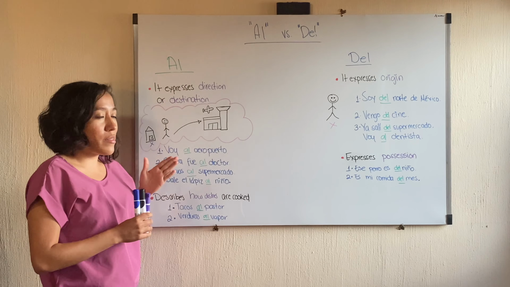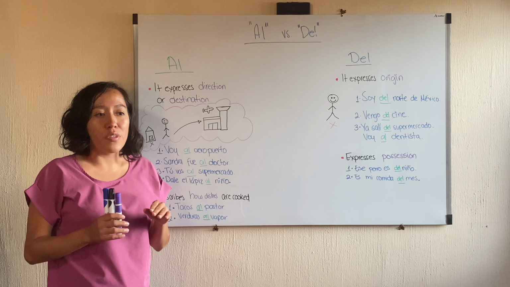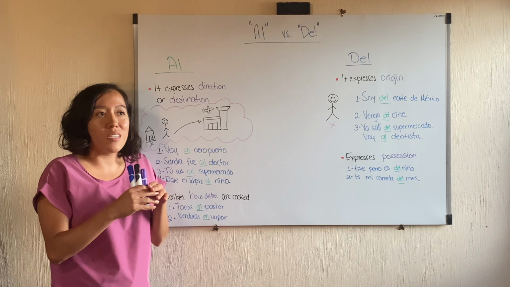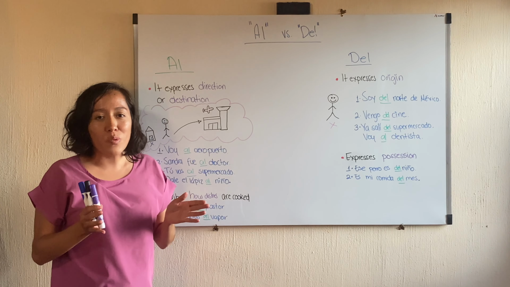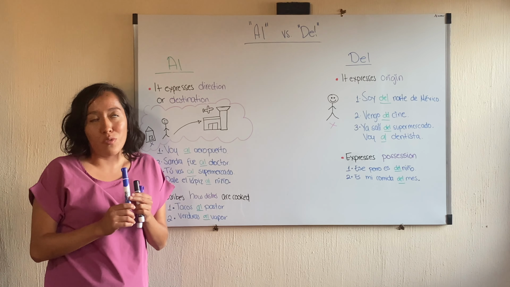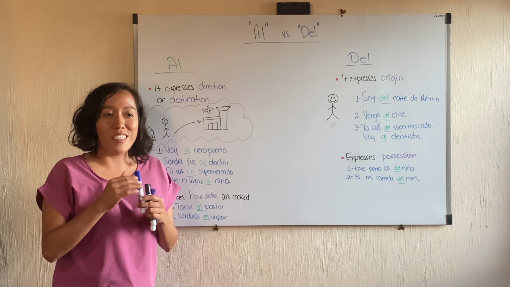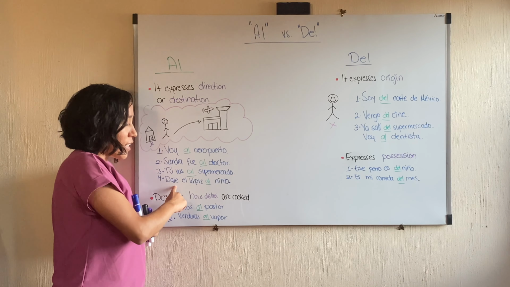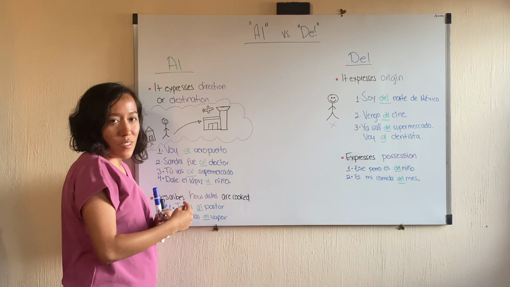So when we talk about destination or direction, people think that a person is going from one place to another, and that place is always a building. It's not always like that. You can also use destination to express that an object is going from one person to another. For example, dale el lápiz al niño.